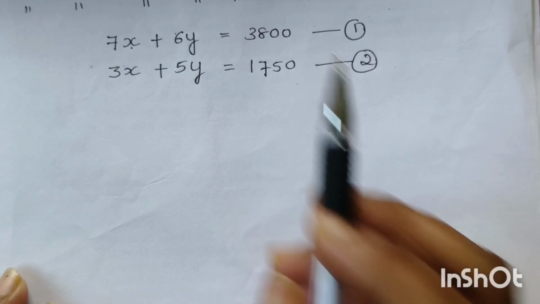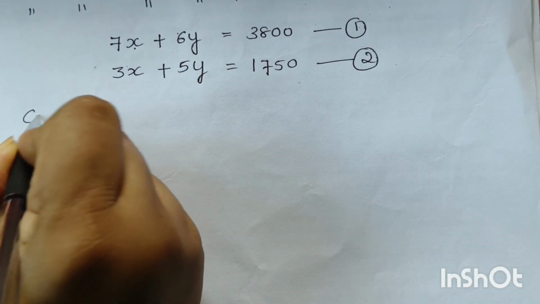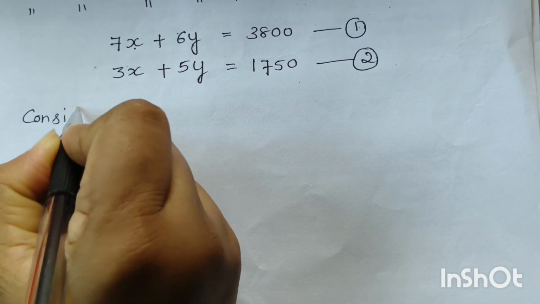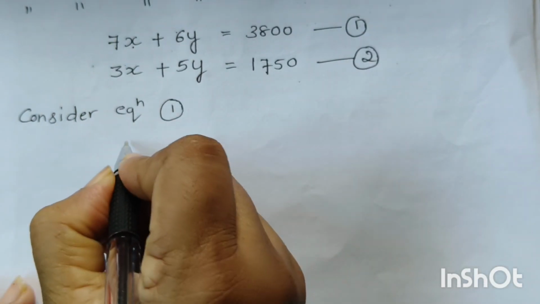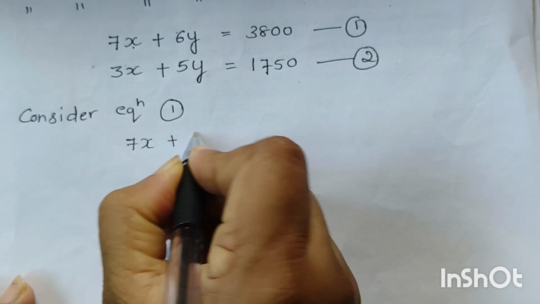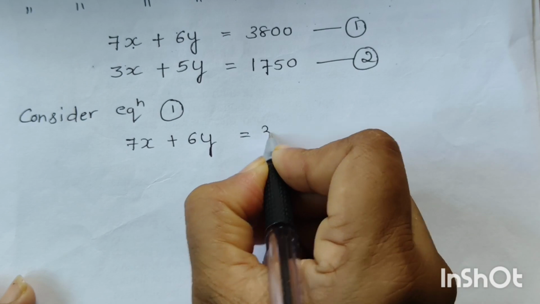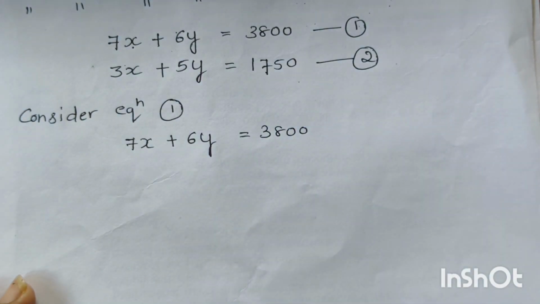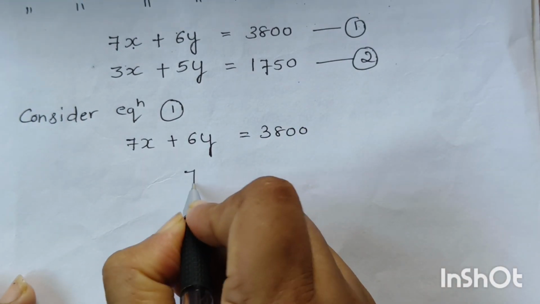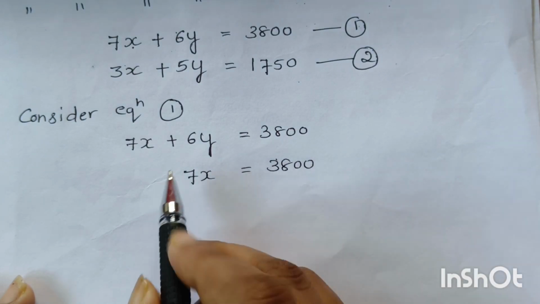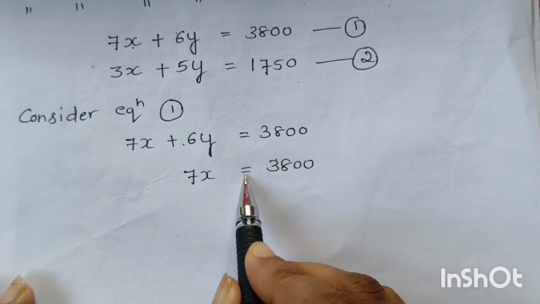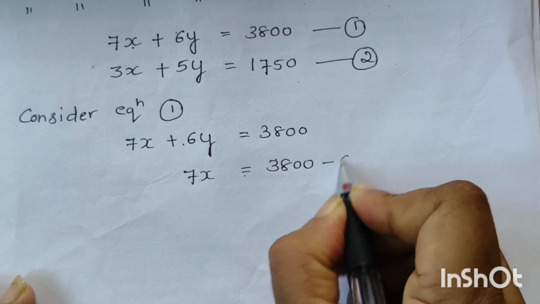Consider equation 1, that is 7x plus 6y is equal to 3,800. 7x is equal to 3,800 minus 6y. When it crosses the equal to sign, it becomes minus 6y.